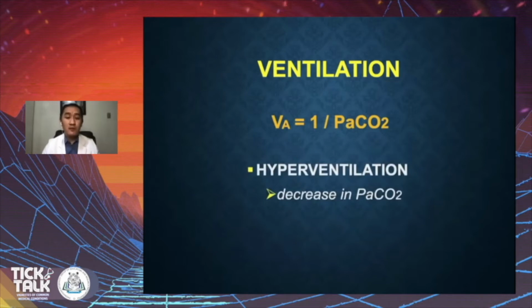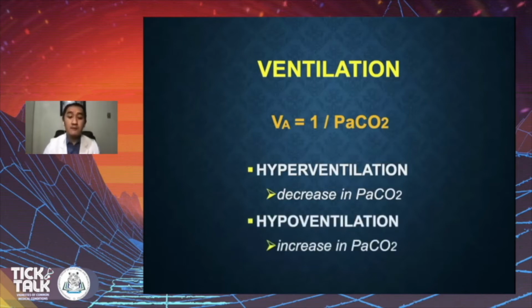So when we talk about increasing your ventilation or hyperventilation, the tendency is to decrease the level of your arterial CO2 in the blood. And when you decrease your ventilation, or hypoventilation, the level of your arterial CO2 in the blood will be increased.